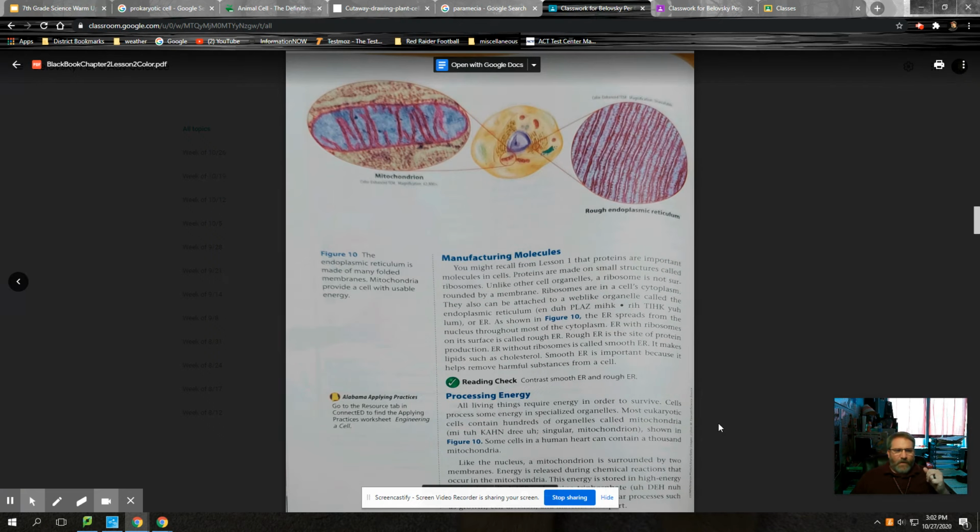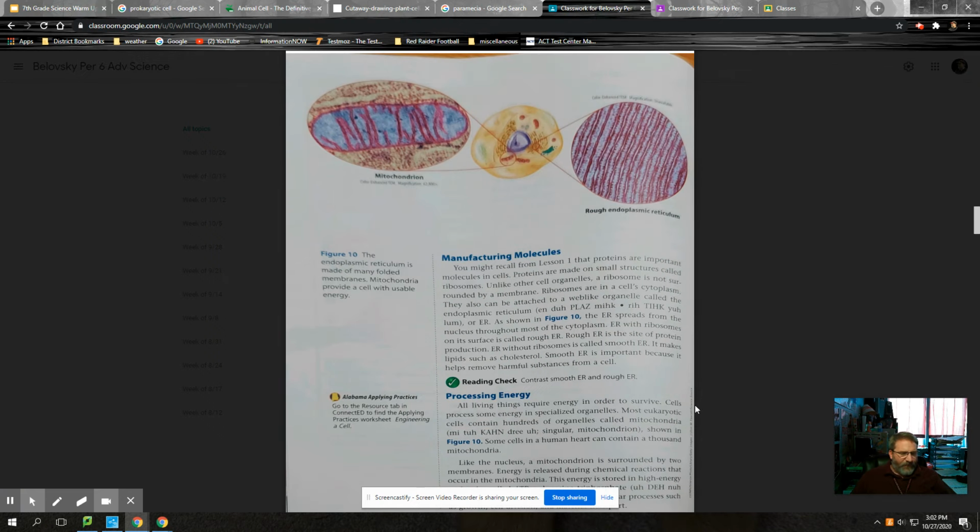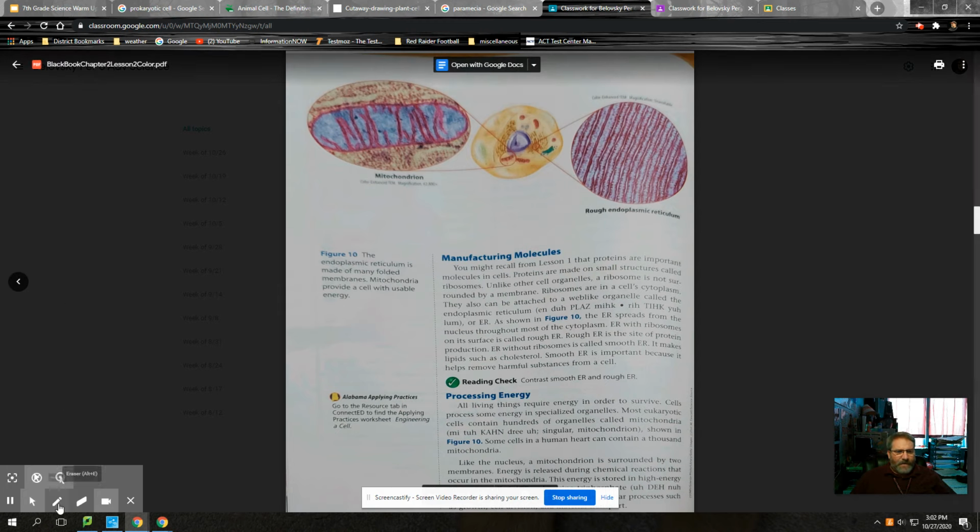I'm going to pick up with number 42, just in case you didn't get rough ER. I'm going to start with rough ER. In this paragraph right here, it talks about rough ER, and rough ER is the site of protein production.